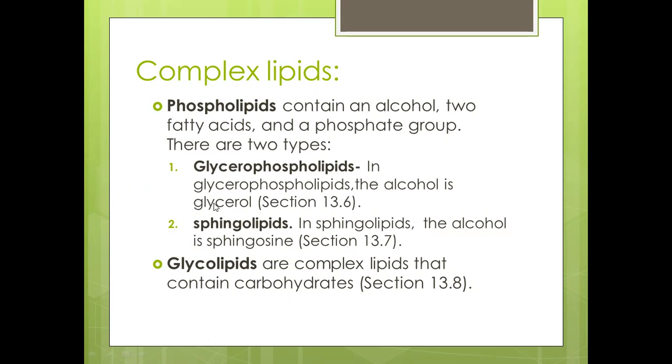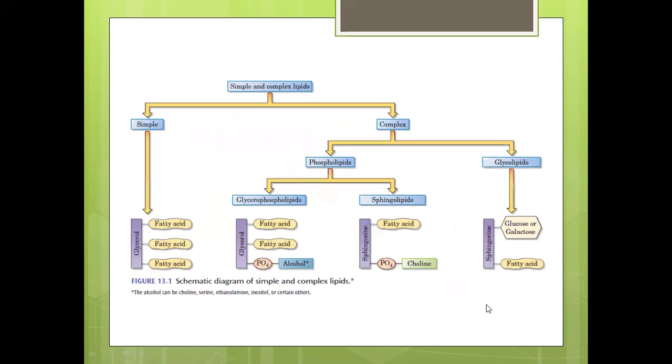But here you can always check the structure: there is always that phosphate group, and you have your fatty acid and alcohol. In sphingolipids, sphingosine is part of the structure instead of an alcohol. And of course, the last one is the glycolipids, the other classification. So whenever there is a phosphate group in the structure, then you always know that it is a phospholipid.